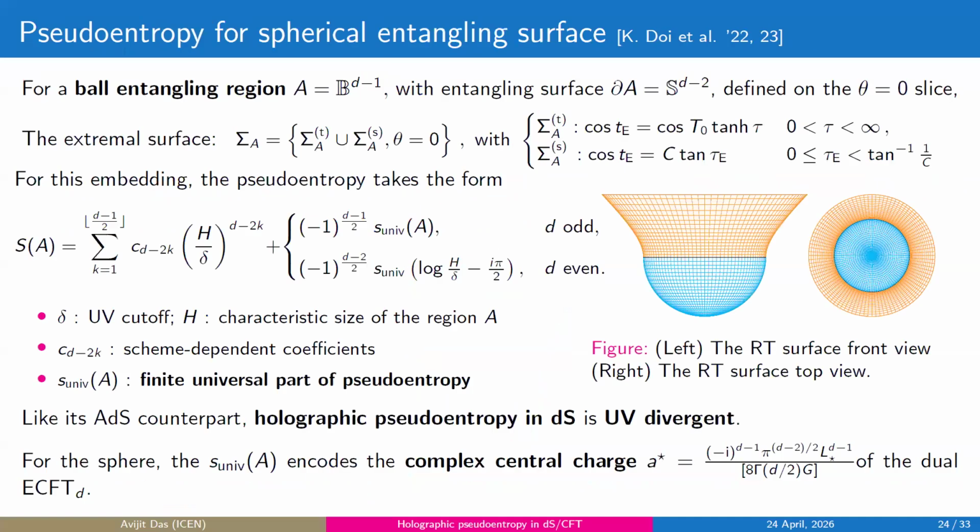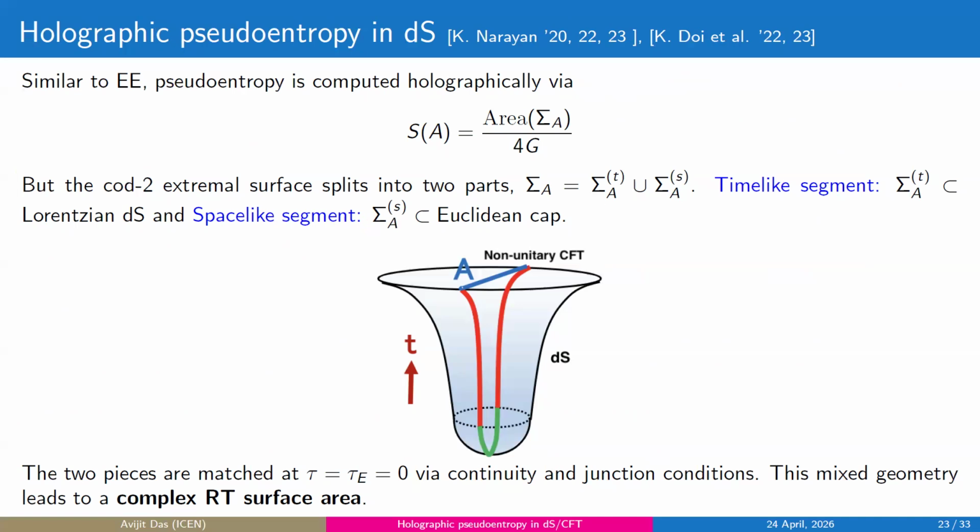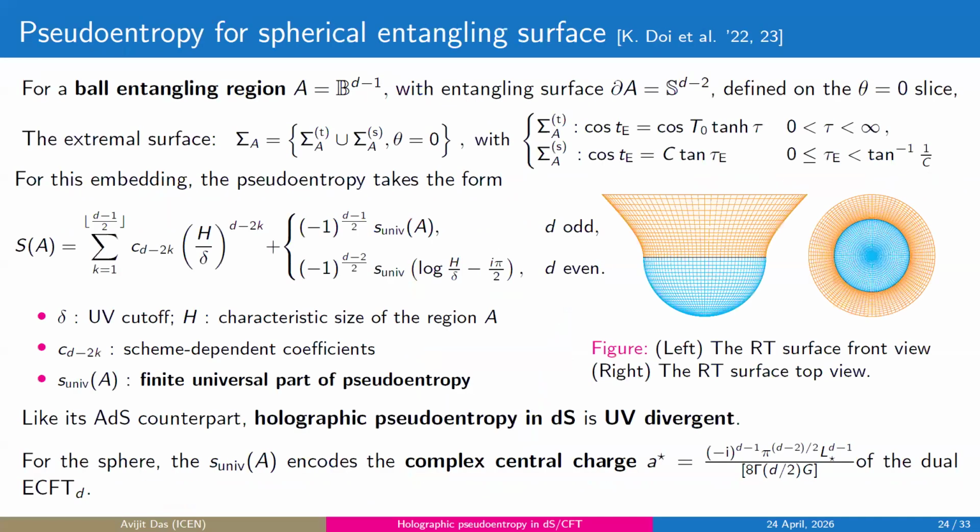Okay, so now we will use this RT surface proposal of the Doi-Harper paper for a spherical subregion. We'll take a spherical subregion, a ball, like this. And then we'll ask what is the codimension-2 RT surface to calculate the entanglement entropy, or sorry, the pseudoentropy for this dS/CFT. So this is our subregion A, like a ball, and we are taking a theta equal to 0, or constant, hypersurface.